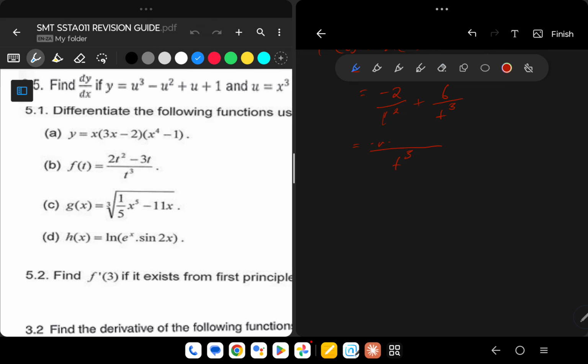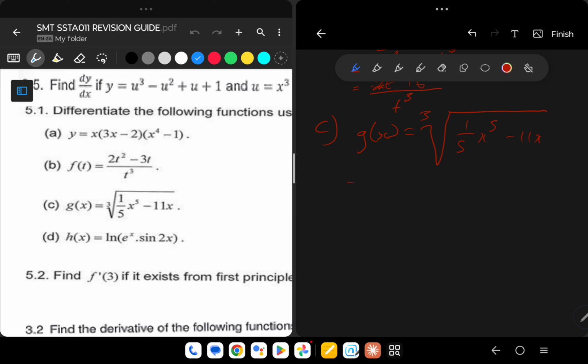So to continue, we have our C. So for C, we have g of x being equal to the cube root of 1 over 5 x to the 5 minus 11x. So this one might tend to be a bit challenging, but let's continue with it and apply the appropriate rules.